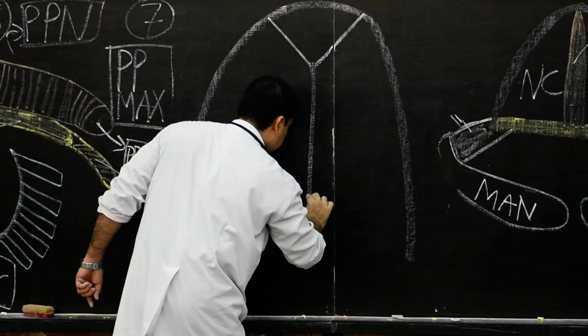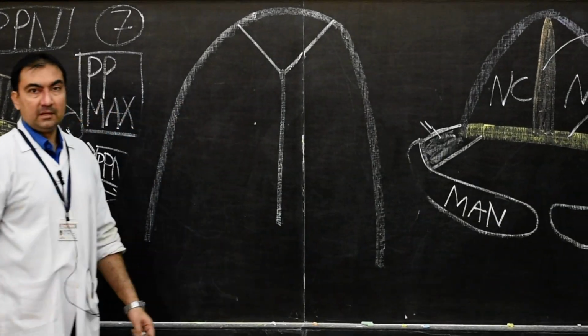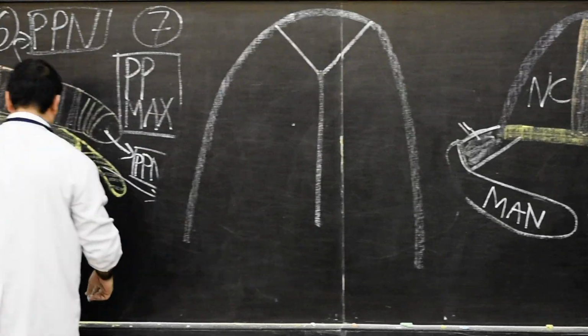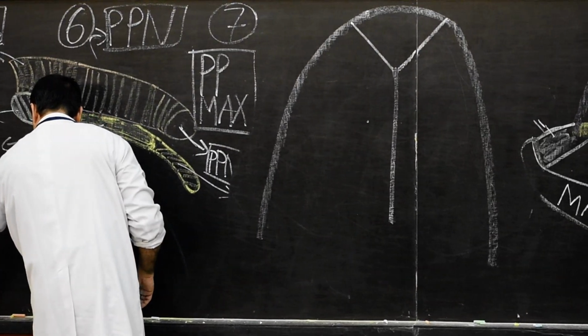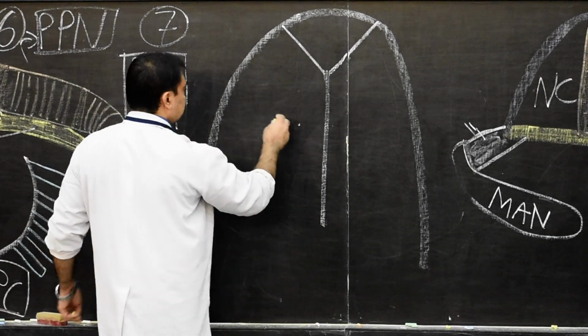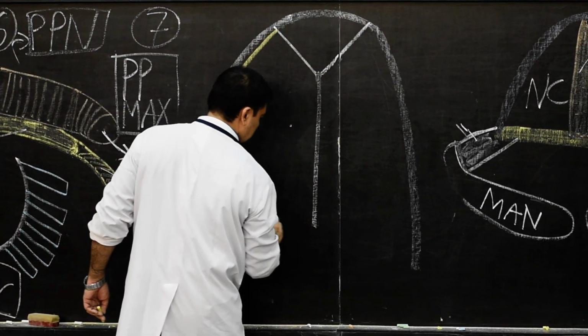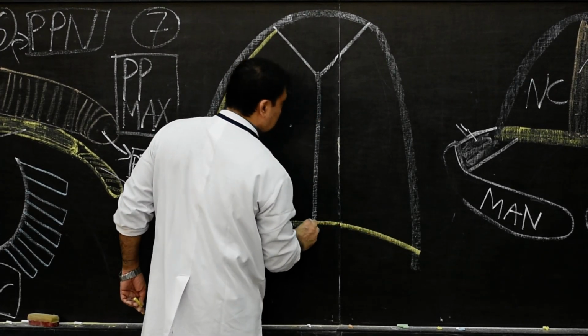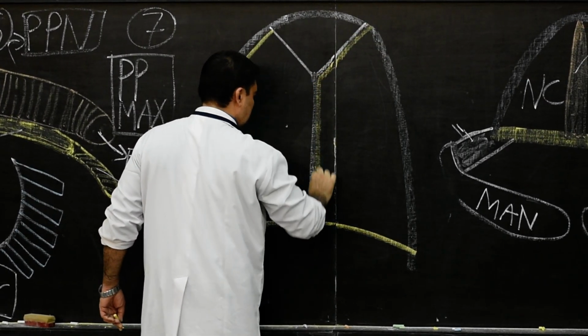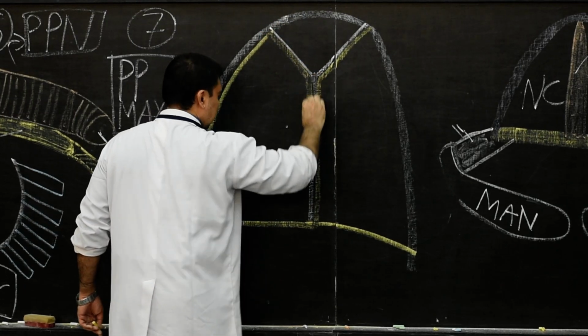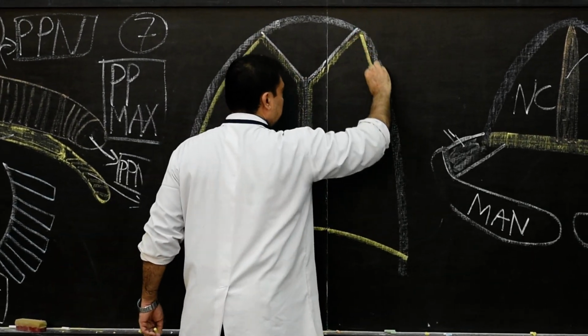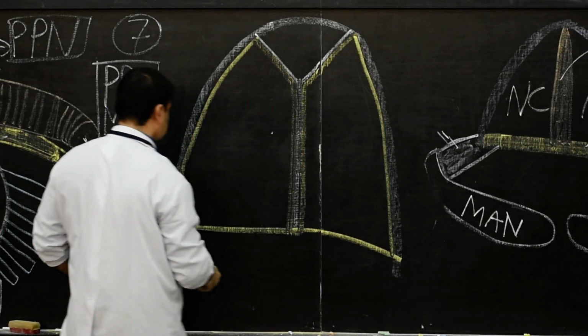a Y-shaped demarcation. From this Y-shaped demarcation, we will show that this much portion which I draw complete with yellow color will be the palatine process of maxilla.